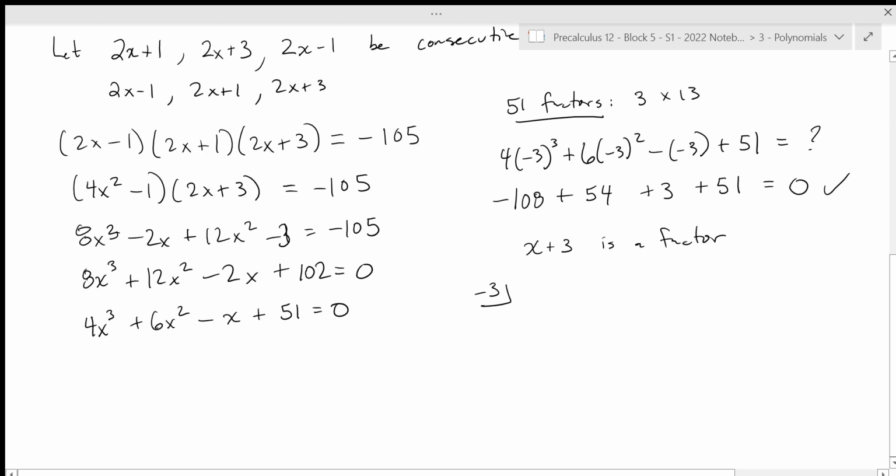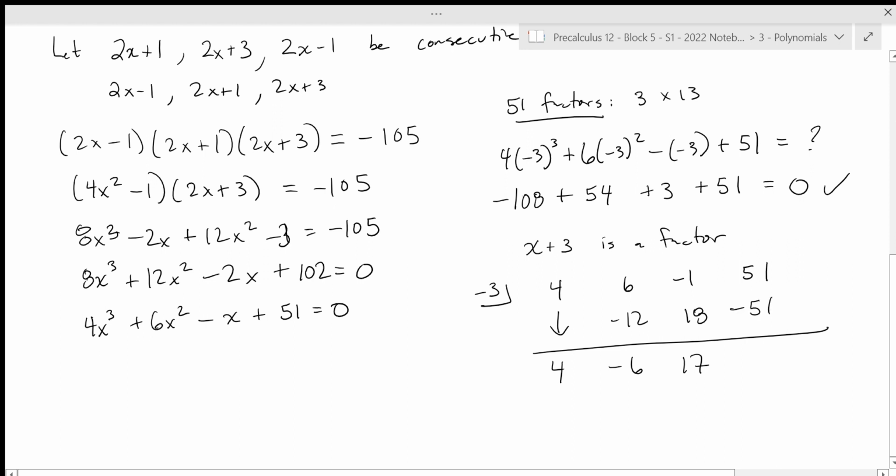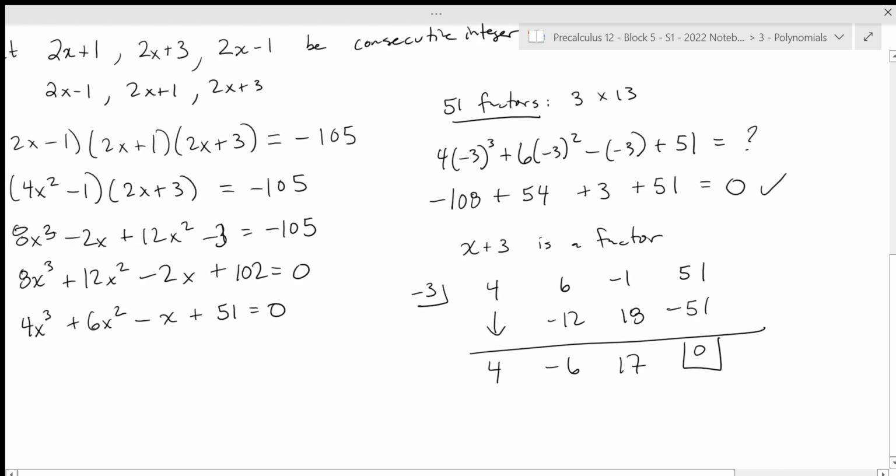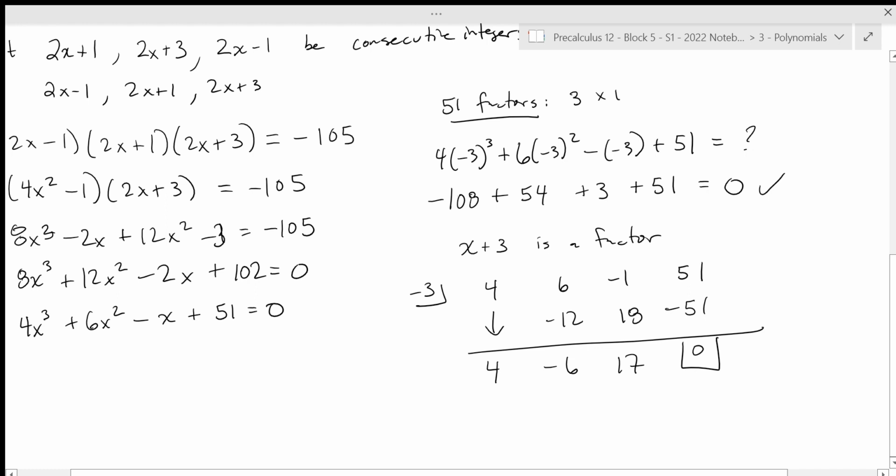So we've got 4, 6, minus 1, 51. We're going to bring down our 4. We get 4 times minus 3 is negative 12, plus 6 is negative 6, times minus 3 is 18. 18 minus 1 is 17, and 17 times minus 3 gives me negative 51 and 0, which shows me the only mistake I made is that 51 is actually 3 times 17 and not 3 times 13.